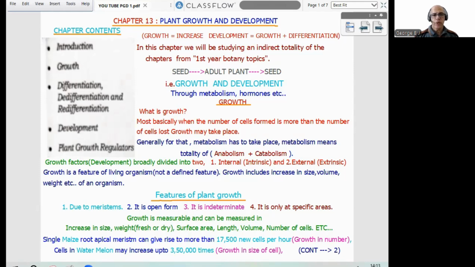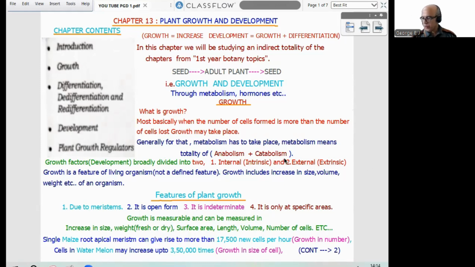While cells in watermelon may increase up to 350,000 times, and that is concerned with growth in the size of the cell. I think those two values are clear and important for NEET, theory and NCERT.